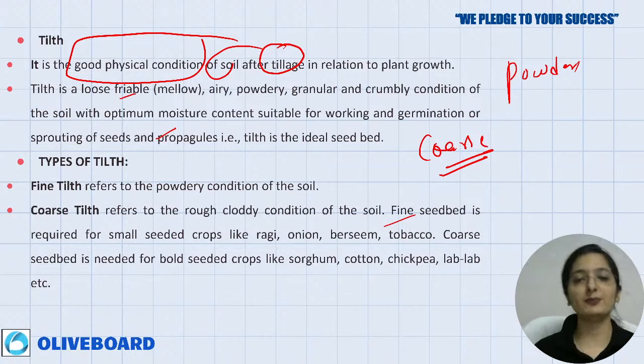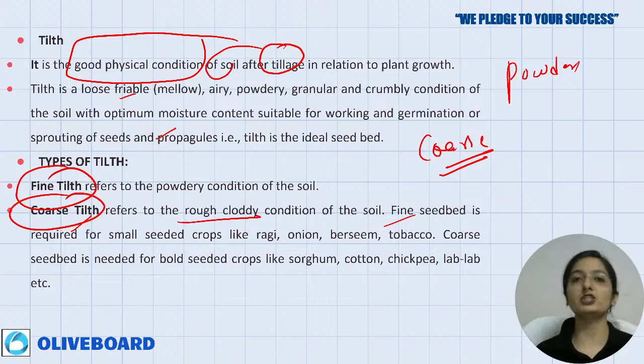So it depends upon that, and that is known as the type of tilth. In case your soil is completely powdery, it refers to fine tilth, right? And when you talk about coarse tilth, it refers to the rough cloddy condition of the soil.